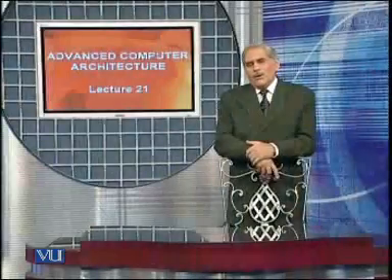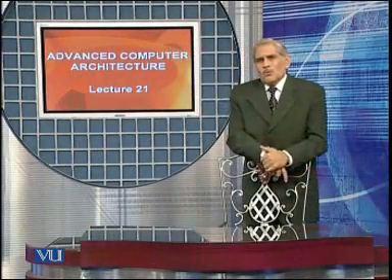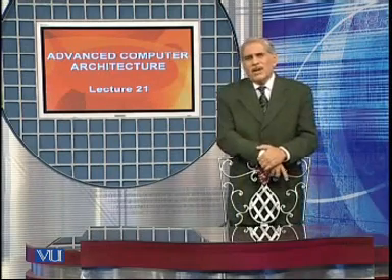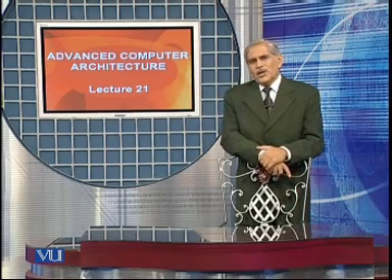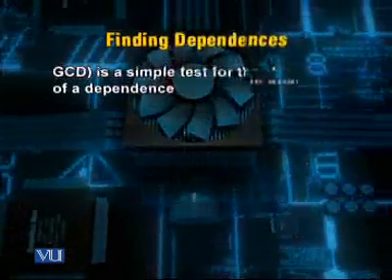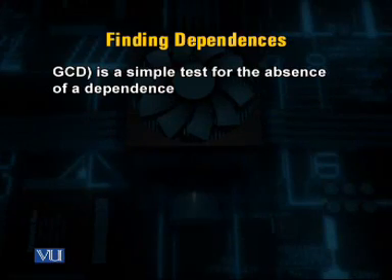Now, in order to find the dependence, we know that in reality it is a very, very complex process. Therefore, we usually use the technique of greatest common divisor, that is GCD, which is a simple test to find out if dependence is absent.